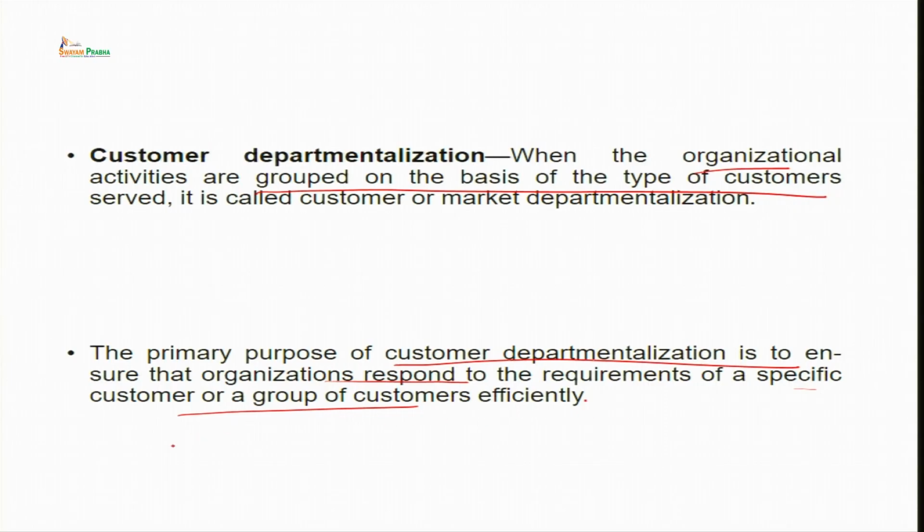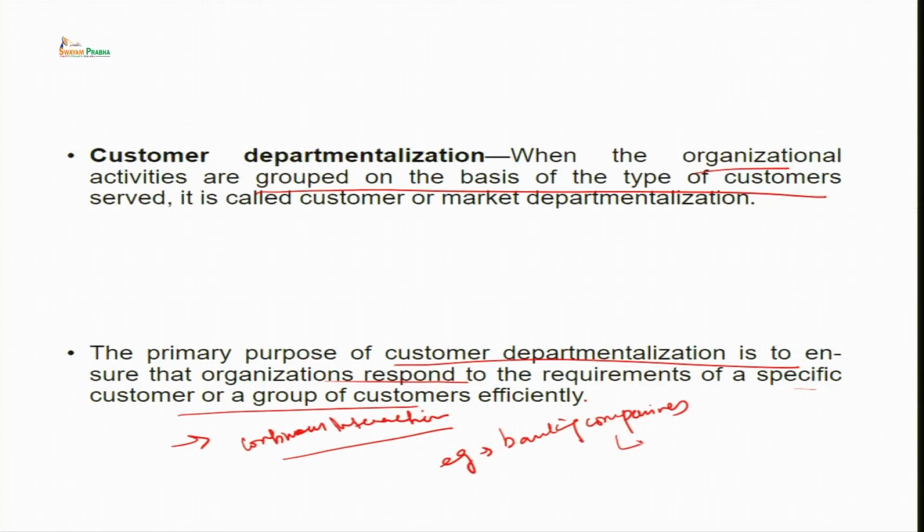It also enables the organization to have continuous interaction with their customer, which is very much necessary if you want to focus on what the customer requires. For example, banking companies normally use customer departmentalization to deal with their different and diverse needs, as we have already explained.